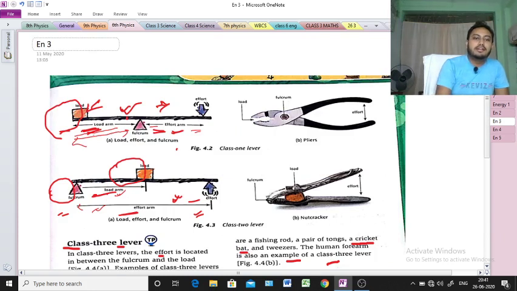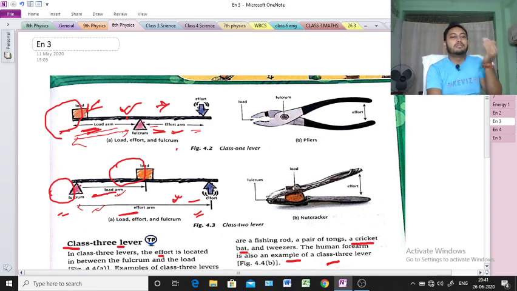That means in the class 1 lever, the load arm and effort arm are approximately the same. Clear? Or sometimes the load arm length is a little bit higher and the effort arm length is lower, or the reverse case can also happen.